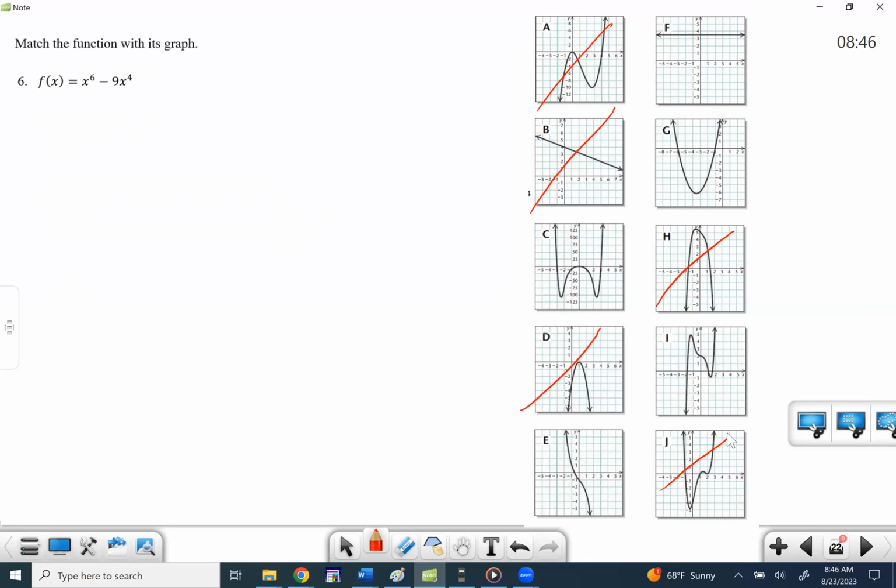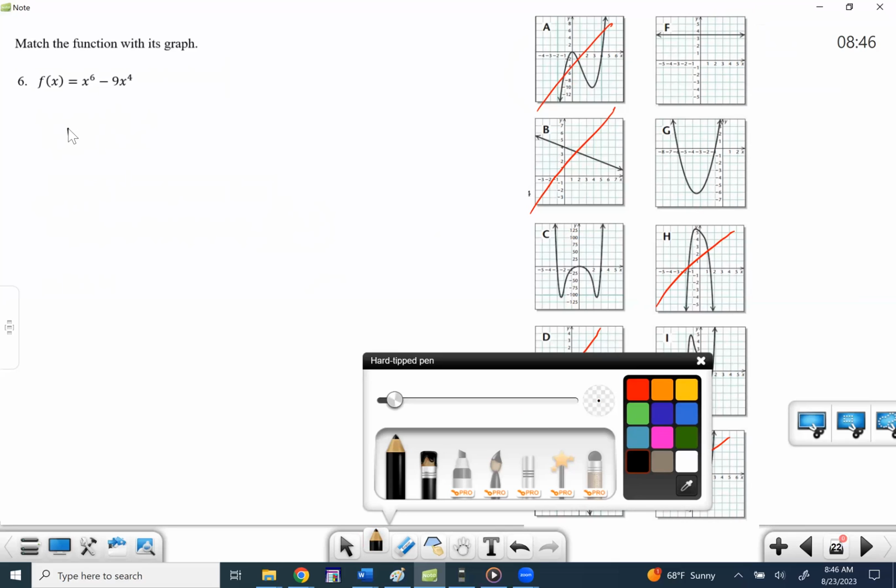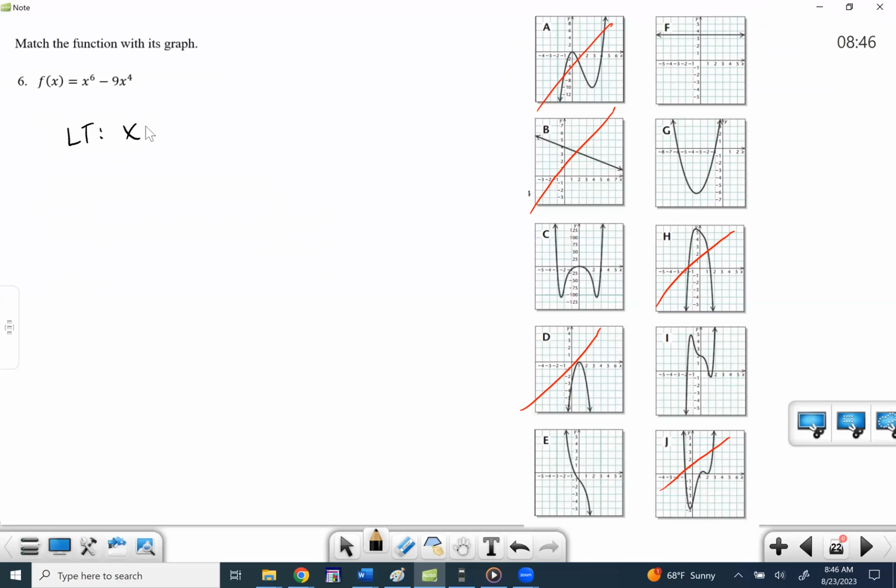I think I almost want to say this has to be I, but let's go in and check, okay? All right, so the leading term is x to the 6th. The leading coefficient is 1, which is positive. So we know right up. So it can't be E. So it's looking like it's I, because we know G is probably going to be a parabola.